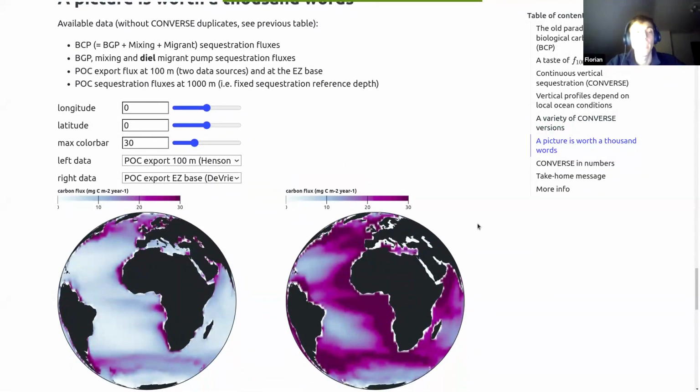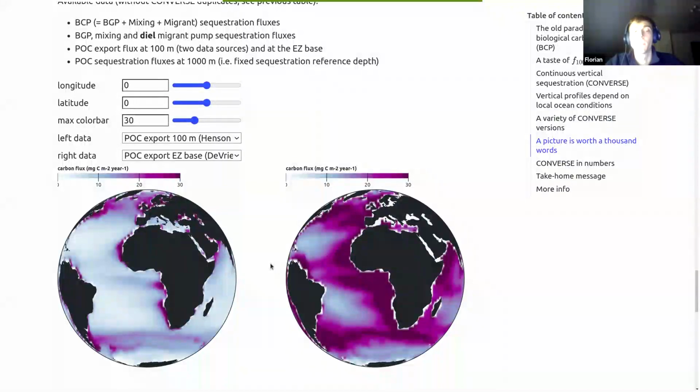So here, this is also available online, but basically you can compare the different results for the different methods. Here you have the representation of different export values from Hansen 2012 and De Vries 27 for the export at the base of the euphotic zone.